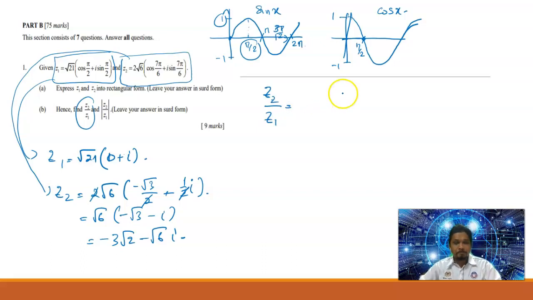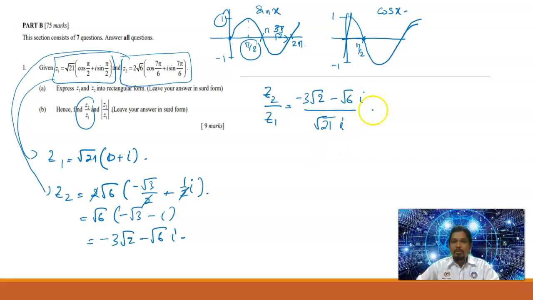So now z2 is negative 3 square root of 2 minus square root of 6 i, divided by z1, which is square root of 21, 0 plus i, which is i here.